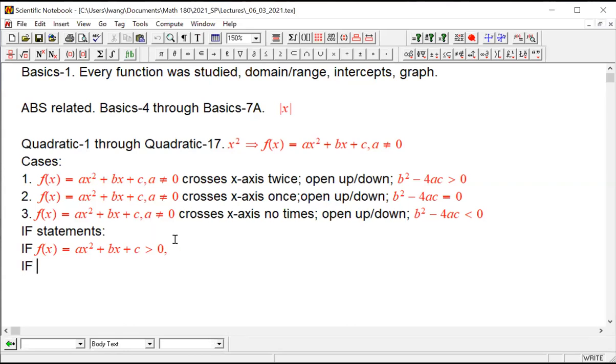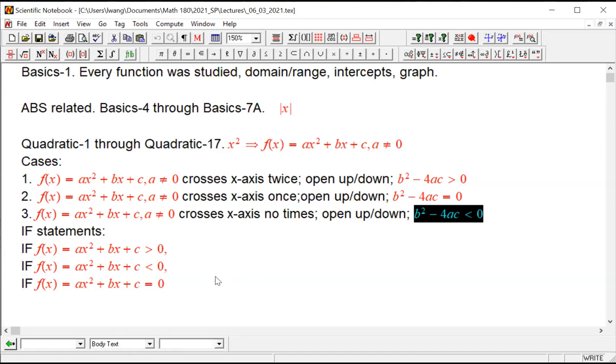If smaller than 0. If equal to 0. Just these 3 cases, they combine in different forms, the if statements. And we can tell by b squared minus 4ac, lots of information can be gathered. You can do factoring, you can do all sorts of things. They're all related to b squared minus 4ac somehow.